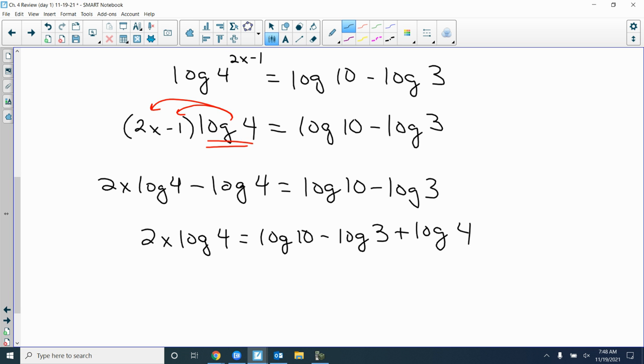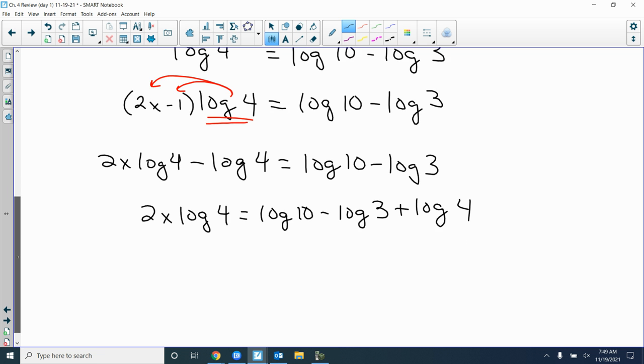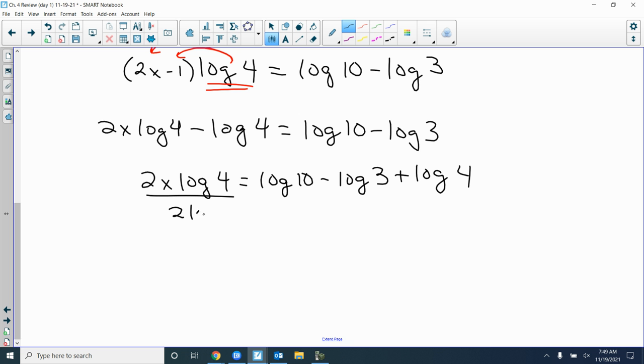Same thing: 2 log of 4. That's all being multiplied. It doesn't matter that the x is right there in the middle. You're just going to divide by 2 log of 4. And then that better give us the answer.